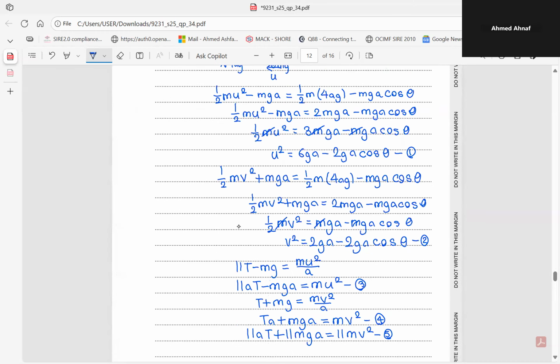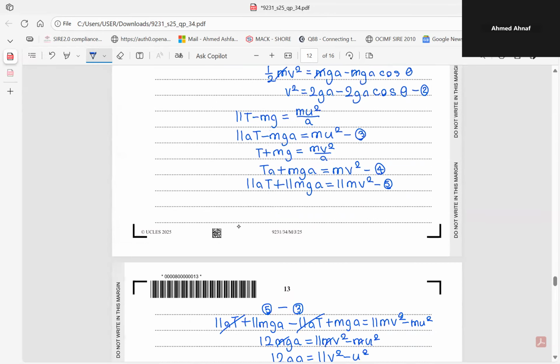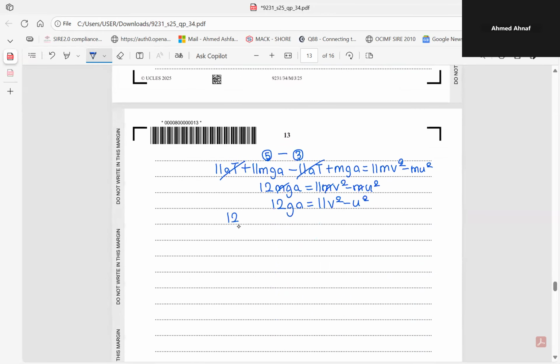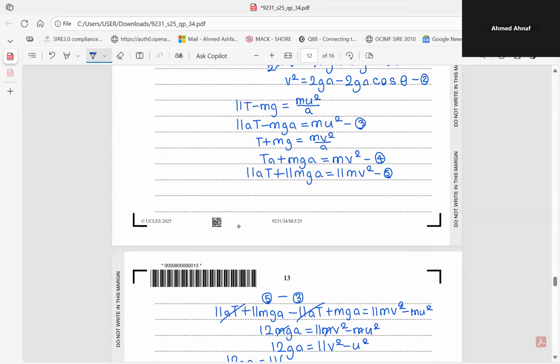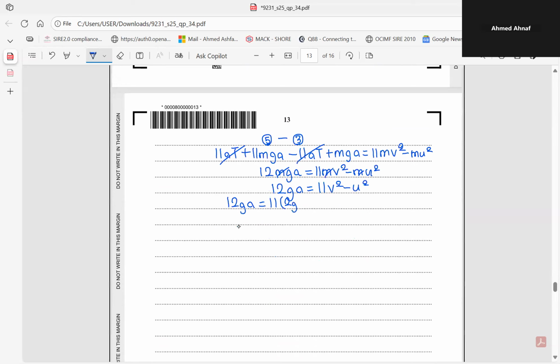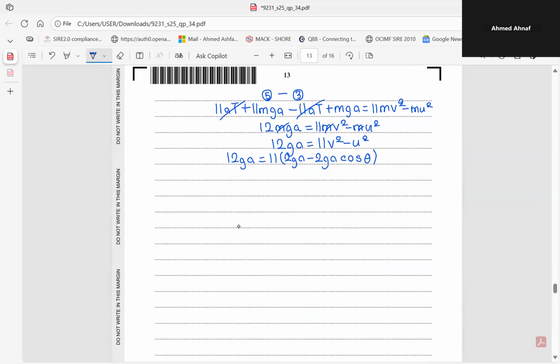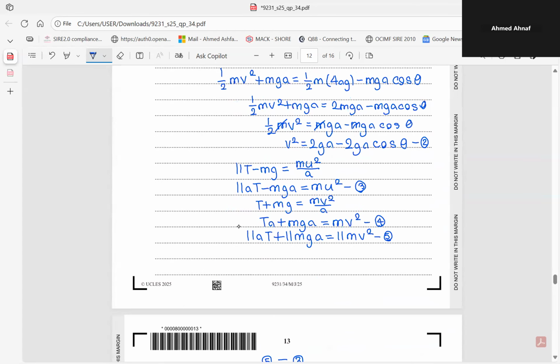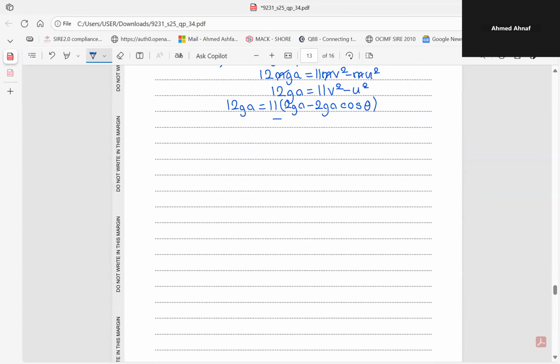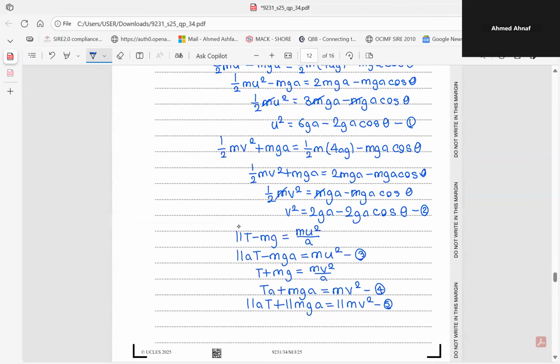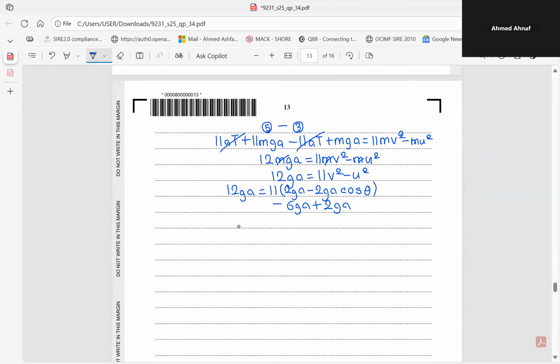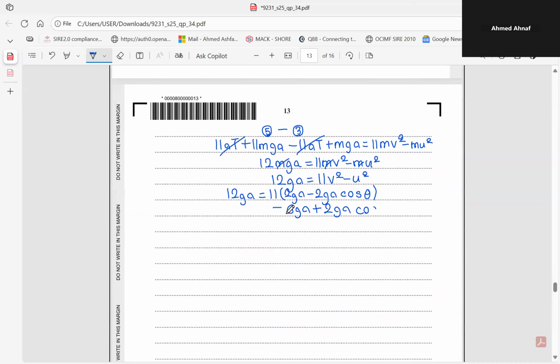Now we're going to use our second equation. So 12ga equals 11 times v squared, that is 2ga minus 2ga cosine theta, and then we're also going to use our other formula for u squared, 6ga plus 2ga cosine theta.